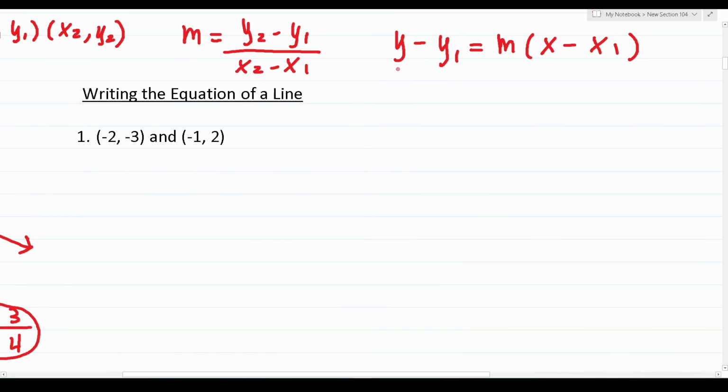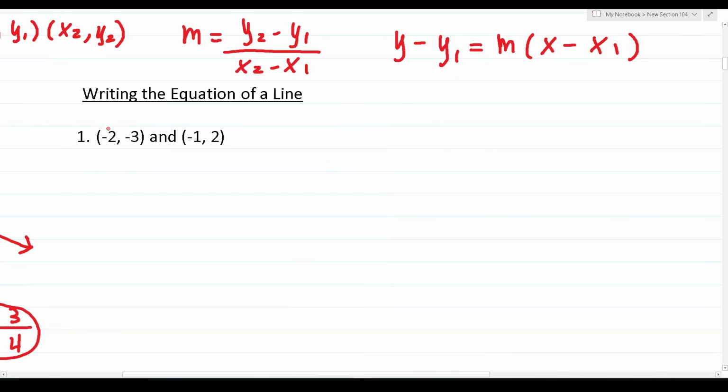So in short, we're going to find our slope using the slope formula. And once we get our value for m, we're going to plug that into the point slope equation, as well as values from one of our ordered pairs. So it's a very simple and easy process. In light of that, let's get started with number 1 here.